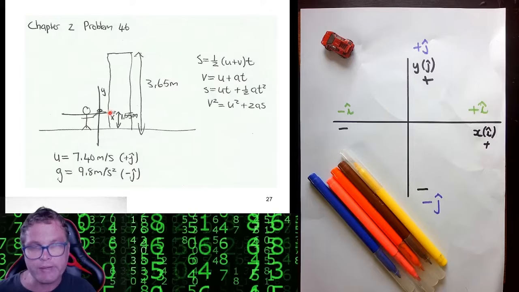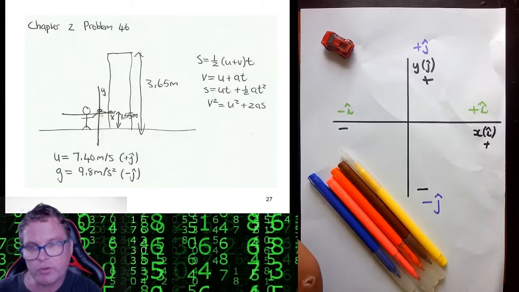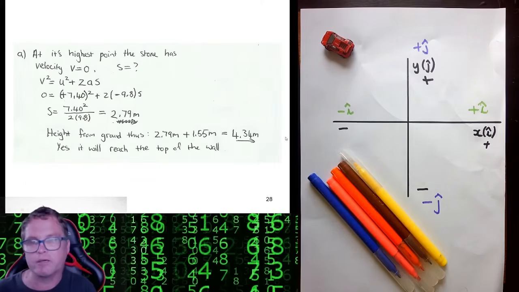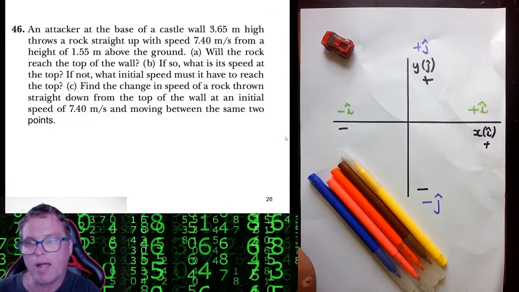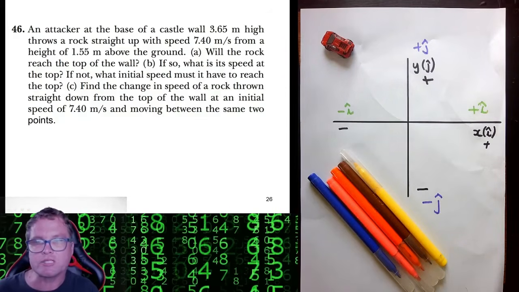So the way we need to tackle this problem is to draw our axes where the motion starts. So it starts at his hands, and we in the question are told that he's throwing the rock upwards with an initial speed of 7.4 meters per second.